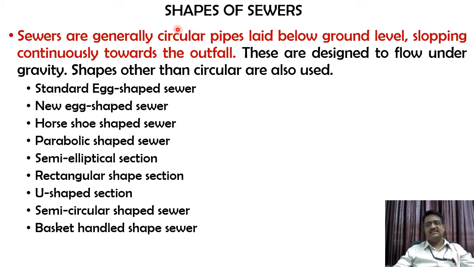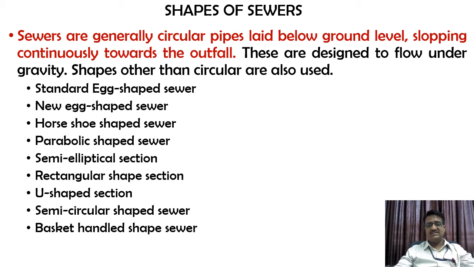Now next is the shape of the sewers. Till now we have studied the materials used for the selection of material for construction of sewer lines. Now let us see the shapes of these sewers. Sewers are generally circular pipes laid below the ground level, sloping continuously towards the outfall.